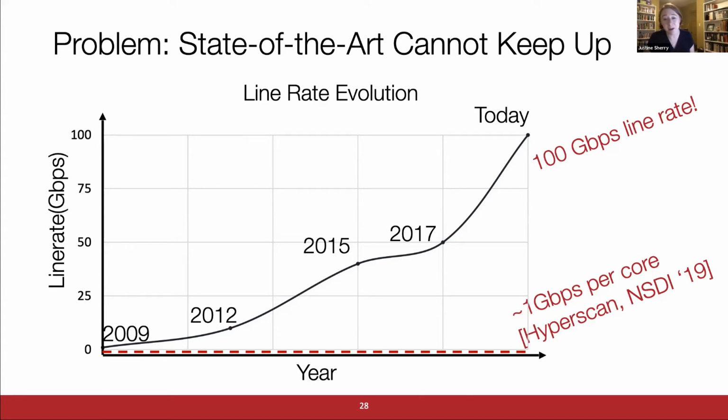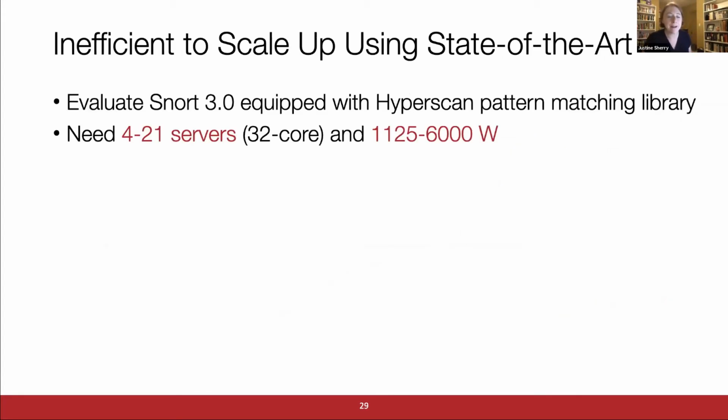In our own experiments, we were very rarely even able to get up to the 1 gigabit per second number. We ran Snort 3.0 equipped with the Hyperscan pattern matching library over some network traces from real empirical data sets of different applications, some of which had attacks in them and some of which didn't.